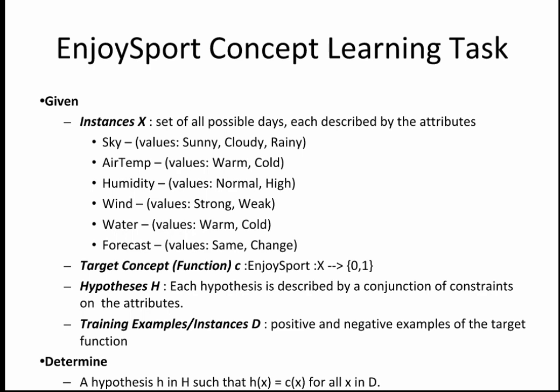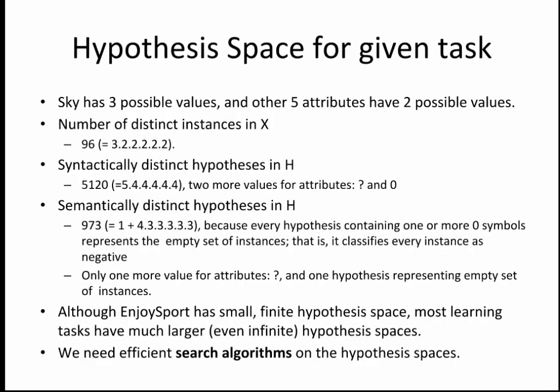Training examples again, as we have seen in our example, and the target concept function will again be a boolean valued function that will give you a value of 0 or 1 when we apply it to our training instances. Now if we try to find out the number of hypotheses in our hypothesis space, as I have discussed, for all the attributes the number of possible values comes from their domain. As we considered the example of sky, we had 3 values that could occur in a hypothesis plus 2 more values for question mark and 0.